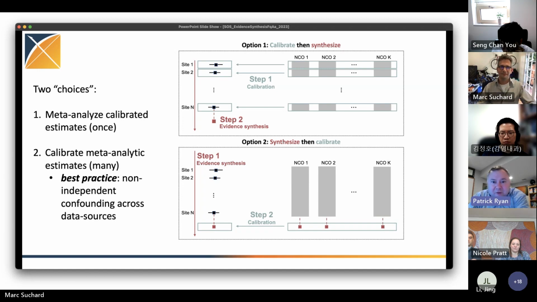And that's why we have to reorient this to ask what is the bias that exists across the sites, and how do we incorporate that into our analysis? So even in a future state, we would show calibrated estimates from each of the sites. That would look like option 1, but then the meta-analytic estimate would be this synthesis and then calibration, which would be option 2.